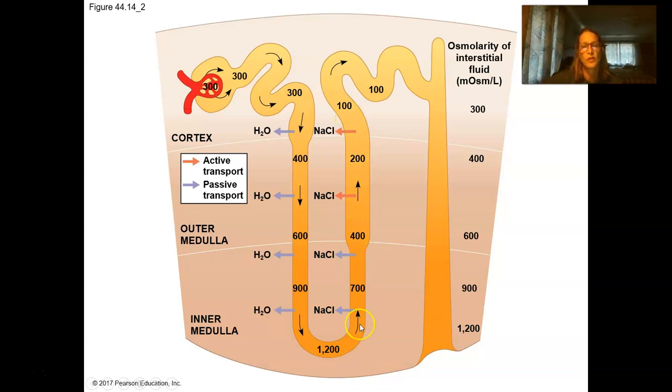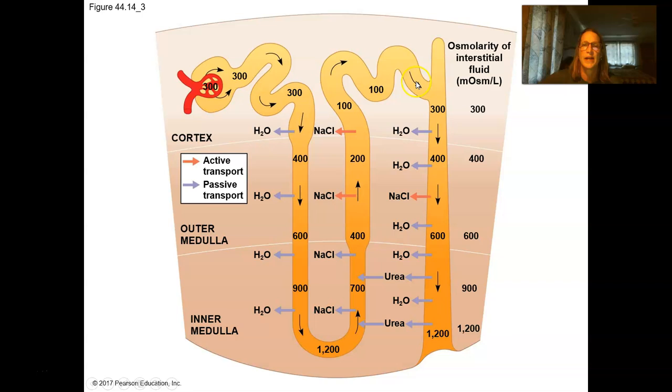This is impermeable to water but permeable to salts. So now the blood vessels, the capillaries, can reclaim salts down here. There's still going to be a little bit of active transport of salts, but a lot of this reclamation of water and sodium chloride is passive, and that is made possible by this concentration gradient that is maintained within the kidney.